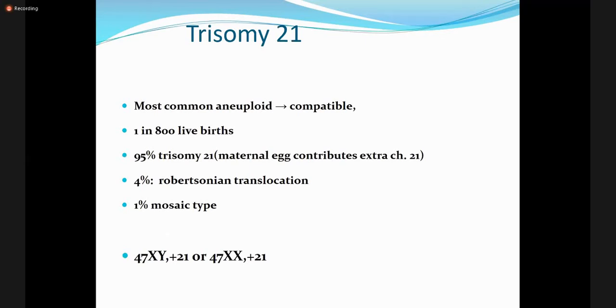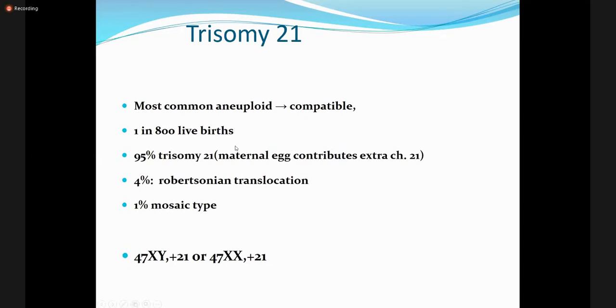In 95% of cases it is trisomy 21, where the maternal egg contributes the extra chromosome 21. In 4% of cases it is Robertsonian translocation, and in 1% of cases it is the mosaic type. I will explain later what mosaic is.